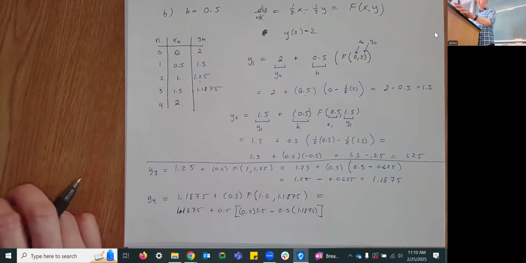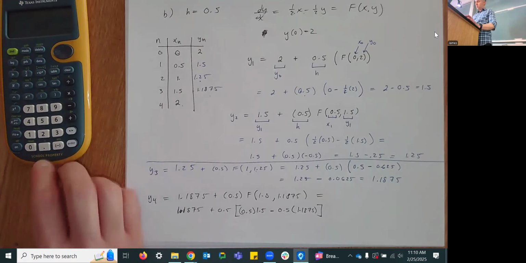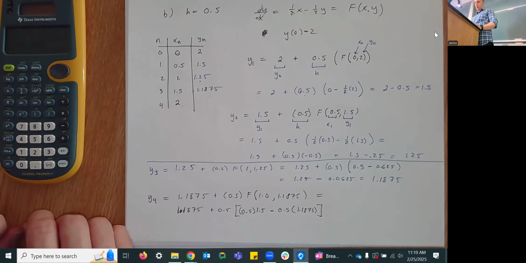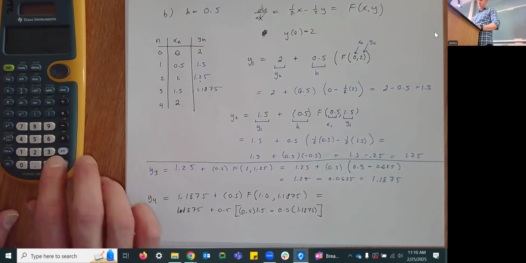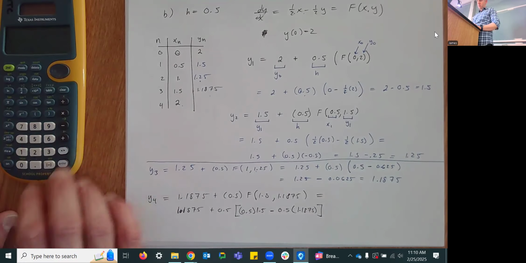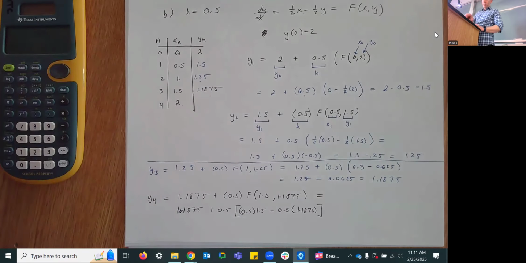We can calculate it, I suppose. So it's going to be 1.5 minus 1.1875 times 0.5 times 0.5 again.